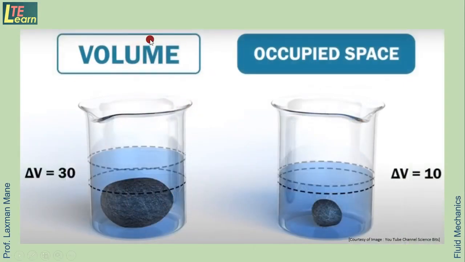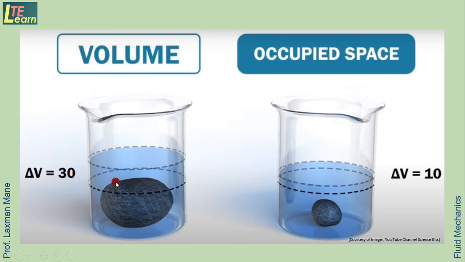Volume is a property. This is the space occupied by the substance. Here we see two pebbles which are immersed in a liquid. This is large one in size and this small in size. When the large pebble is dipped in this liquid, due to the space occupied by it, there is a rise of liquid which is shown here with this dotted line.